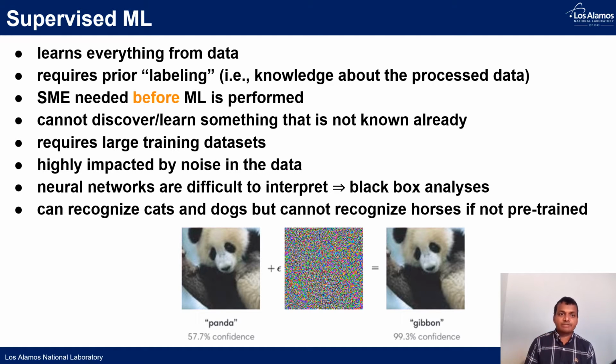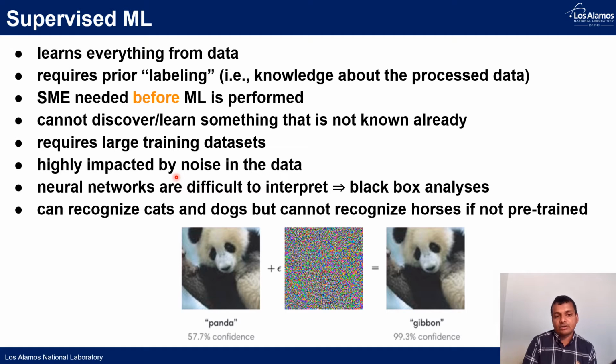In supervised machine learning, it learns everything from data. It has to have data that includes all the input parameters and labels that tell what the output is for the corresponding inputs. So in this case, we need prior labeling, and a subject matter expert, or SME, is needed before machine learning is performed.